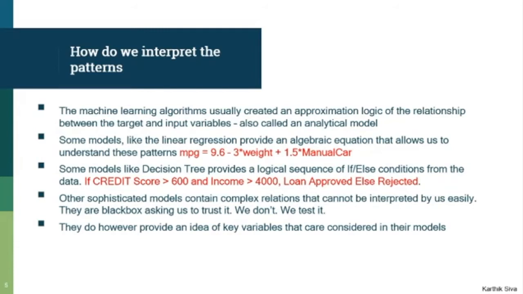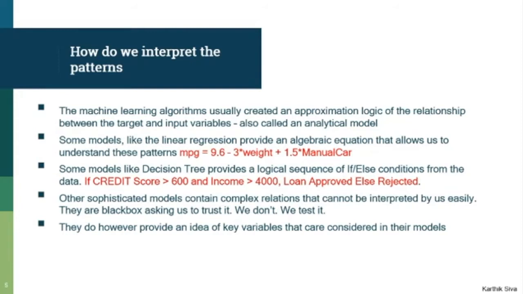And keeping everything else constant, if it is a manual car, I add another 1.5. So automatic cars are having less mileage. Now this 9.6, 3 and 1.5 is something that the machine learning algorithm has figured out from the data and it has come out with an answer.